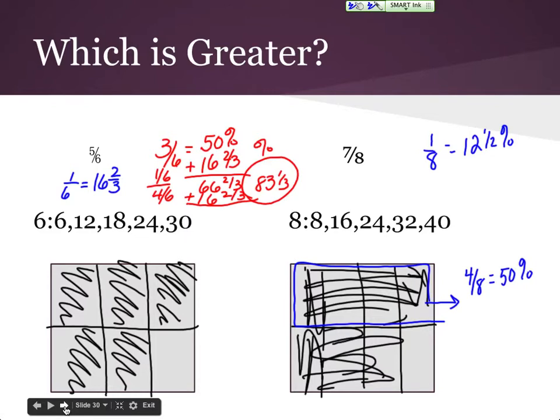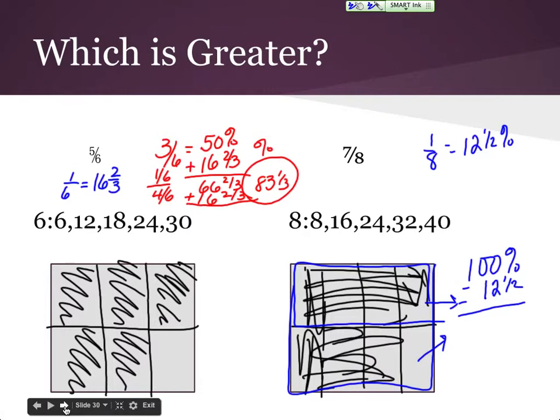Do you guys know what the whole thing is? 100%. So what if we said, I know that this whole thing is 100%. Couldn't I take away this one? Couldn't I subtract 12.5% to find 7/8?